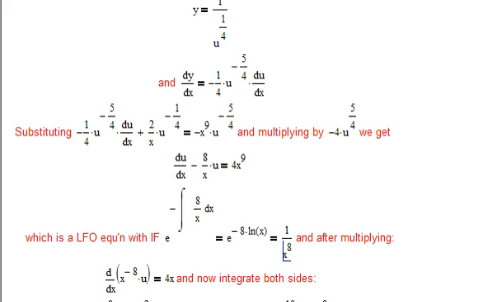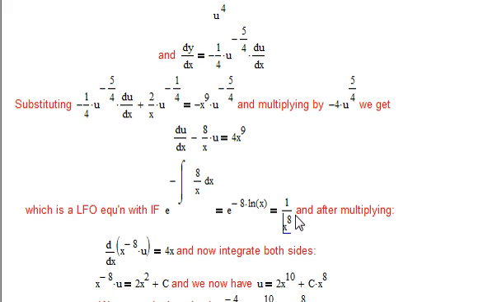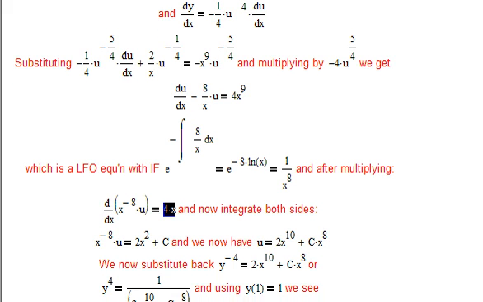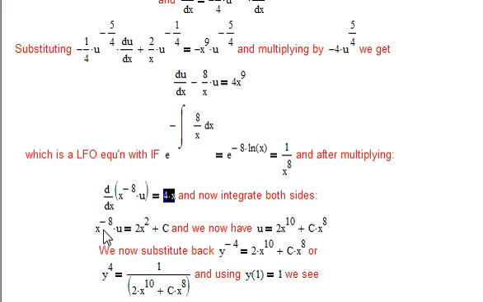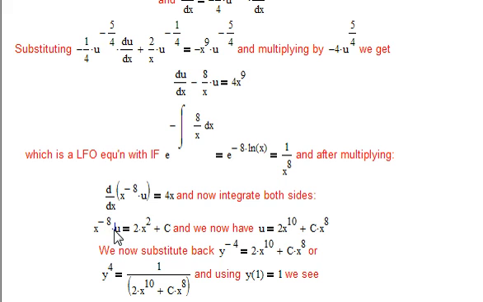And after multiplying by 1 over x to the 8th, actually you could call that x to the negative 8, we would have on the left side the derivative of x to the negative 8 times u, and on the right side, x to the negative 8 times x to the 9th is just x to the 1. So that's nice. And now we can integrate both sides. When you integrate this side, integral of derivative is just the thing, so x to the negative 8 u.